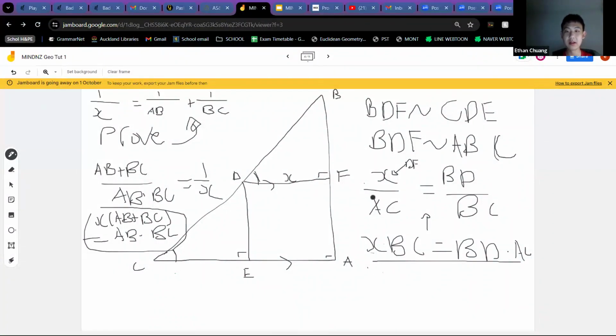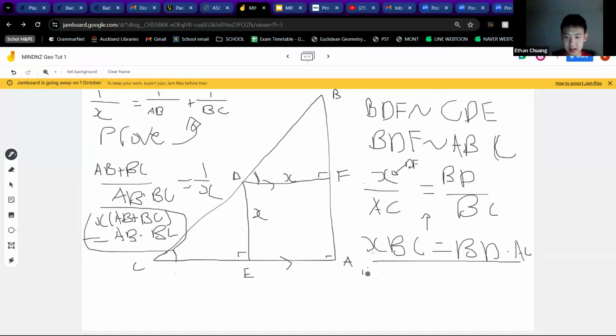We also can get from, which one is it? I think CDE maybe? From CDE similar to ABC, we get that, okay, well, this one's X. So we get DE over AB equals CD over BC, right? From CDE similar to ABC.